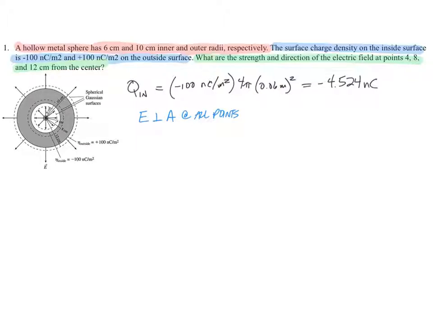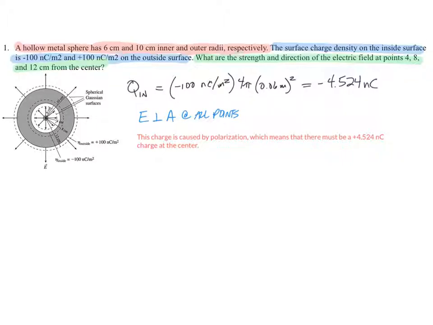Now, one thing that's perhaps not perfectly obvious, but is worth stating here, is that this charge is caused by polarization, which means that there must be a plus 4.524 nanocoulomb charge at the center. We have to go with that, it must be that way. So now you know, and we can get at solving the problem.